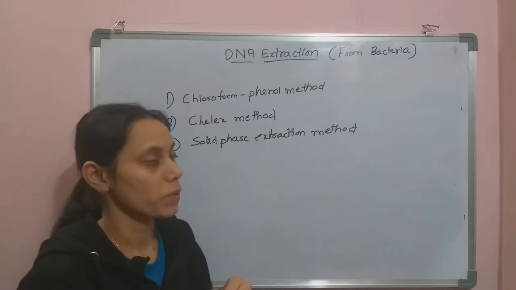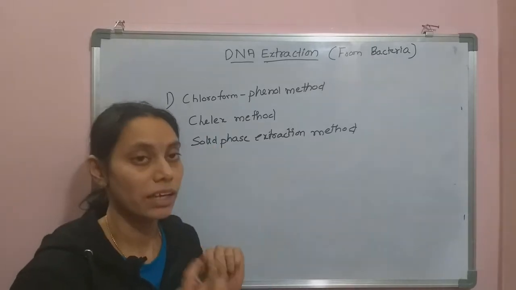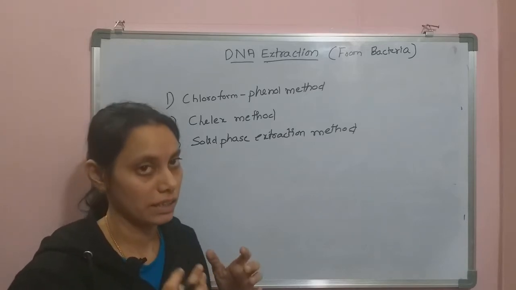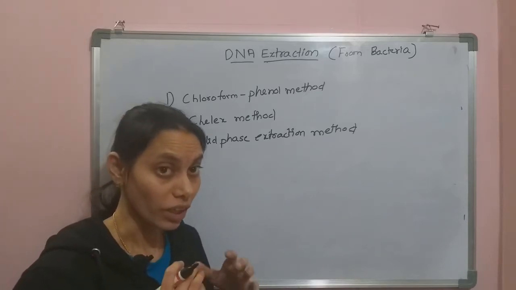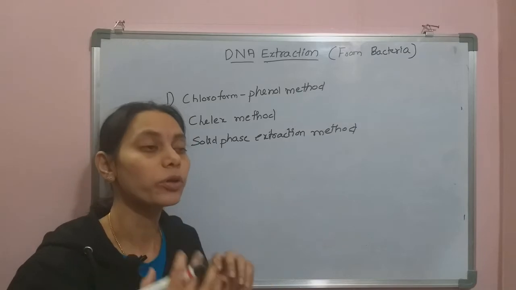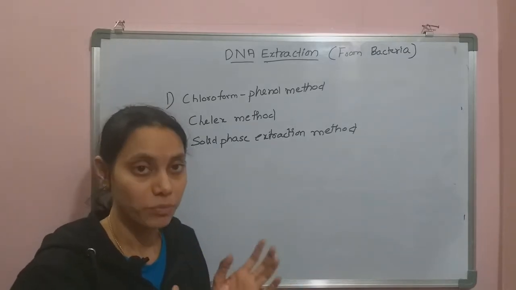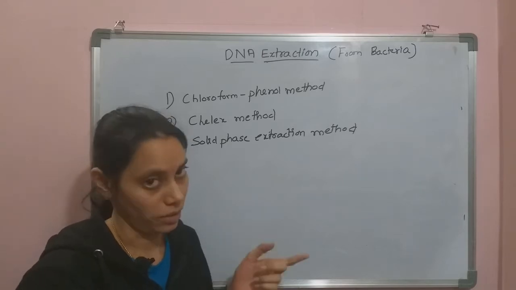And in the Chelex method, we are going to use Chelex. Chelex is basically a resin which acts as a chelating agent. This chelating agent is able to chelate all the remaining cellular components from the cell except the DNA.